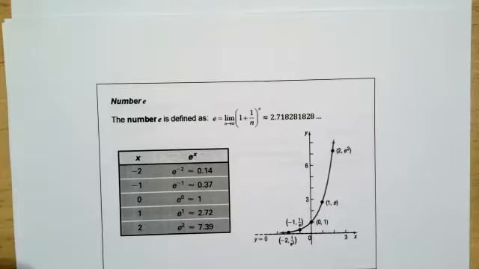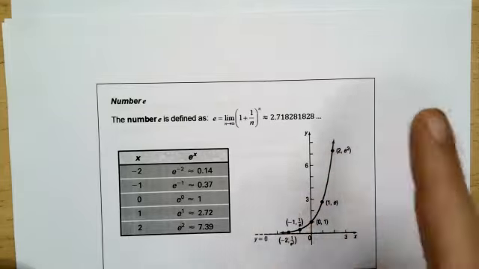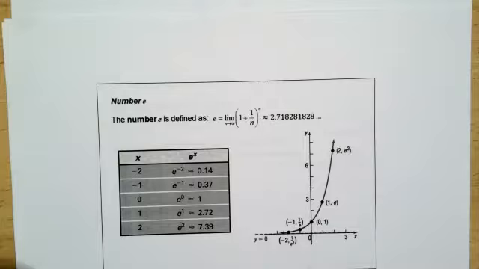So when x is 0, e to the power of x equals 1, and the slope equals 1. When x equals 1, e to the power of x equals e, and it has a slope of e. And that's true for any value on this graph. That is the importance of the number e.